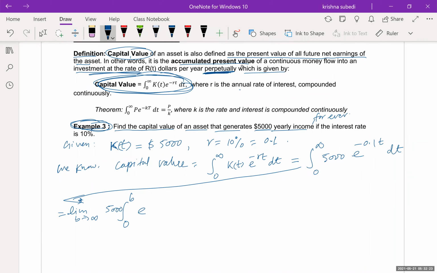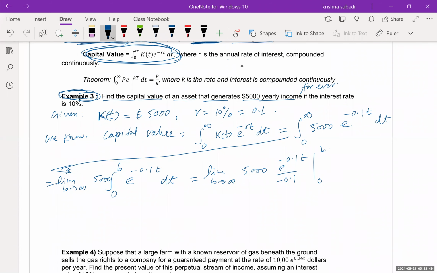What I'm left with is e raised to the power negative 0.1 t dt. And you already know how to evaluate this integral. So the limit as b tends to infinity of 5,000 times e raised to the power negative 0.1 t divided by negative 0.1, and the limits are 0 to b.